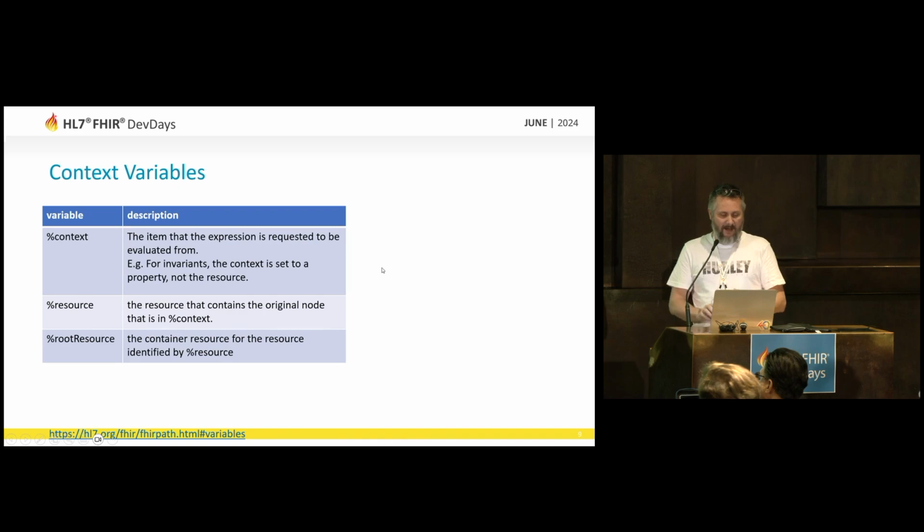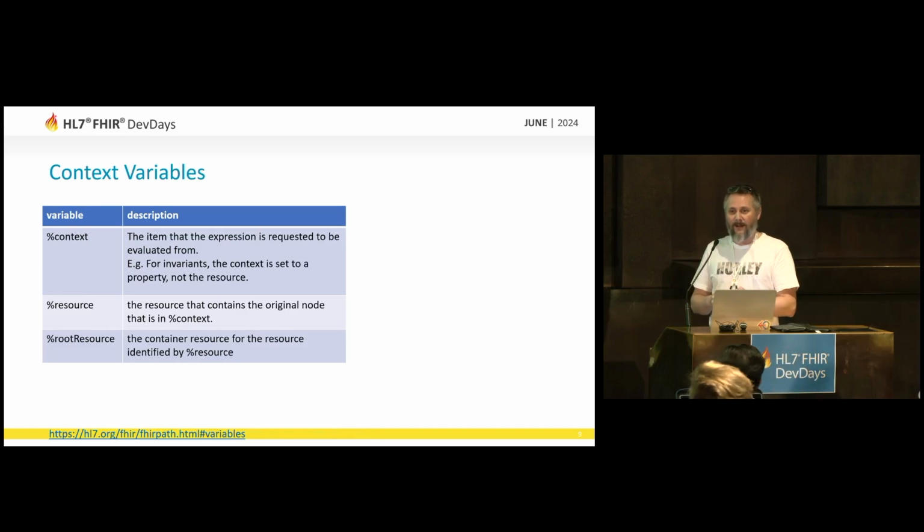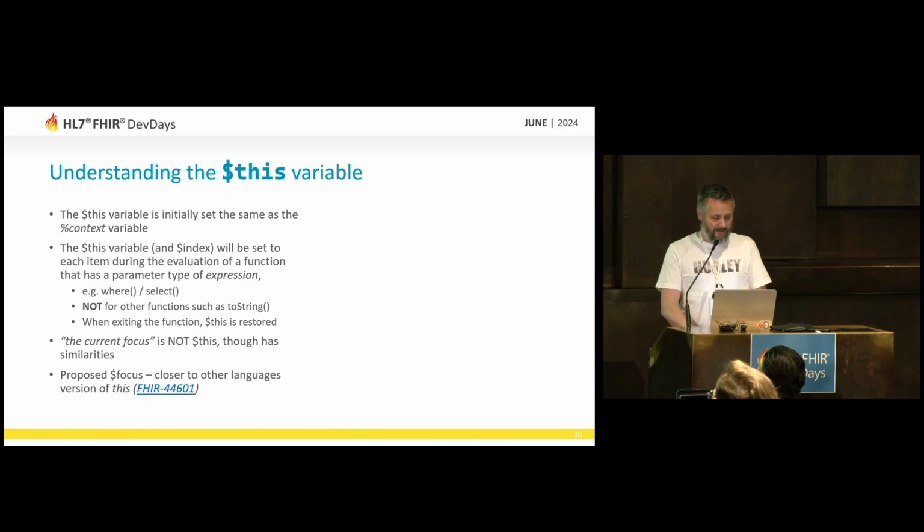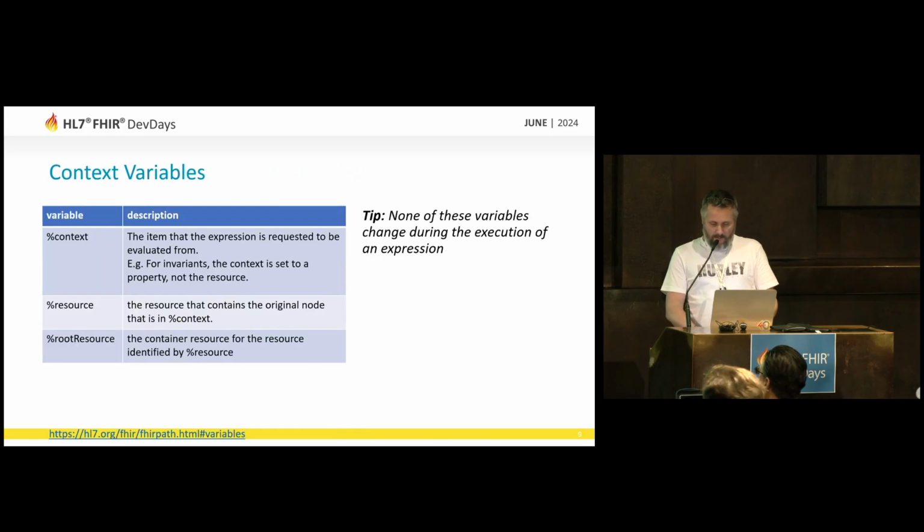These are set and locked on the initial call to an evaluation, so these variables never change. I would have said up to about 2 months ago that all variables never change, but that's changed. So these ones never change.